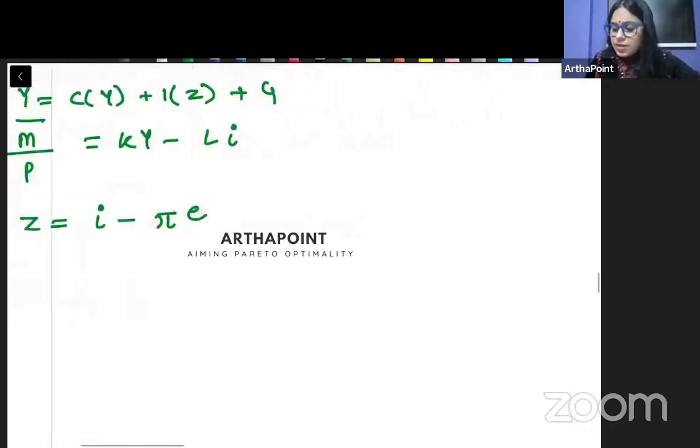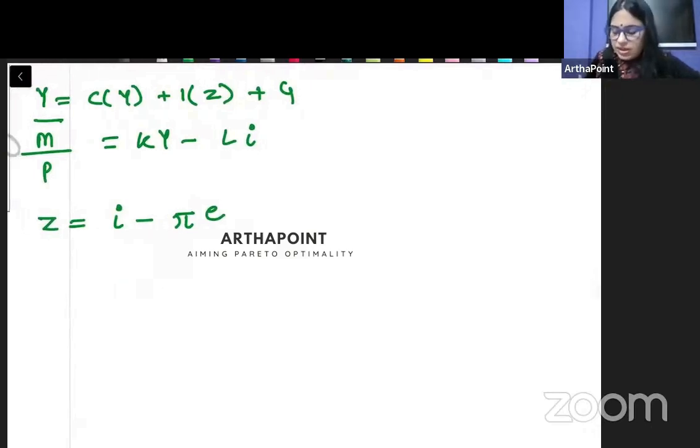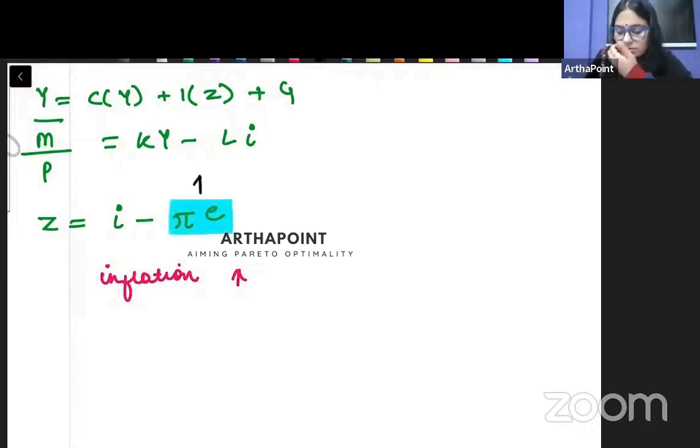It's very simple. Try to understand this, okay? When inflation will increase, that means this factor here will increase. Now take an example. Suppose I tell you the nominal interest rate is 10%.